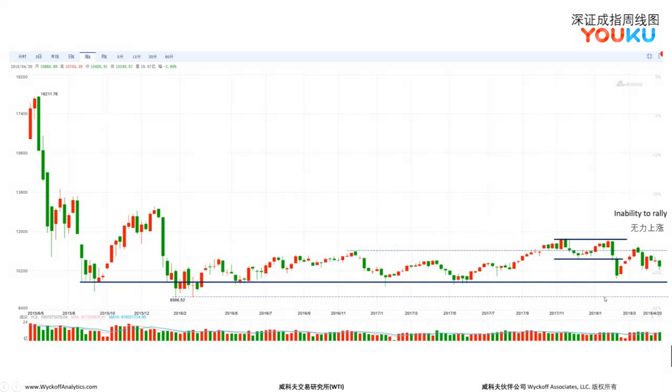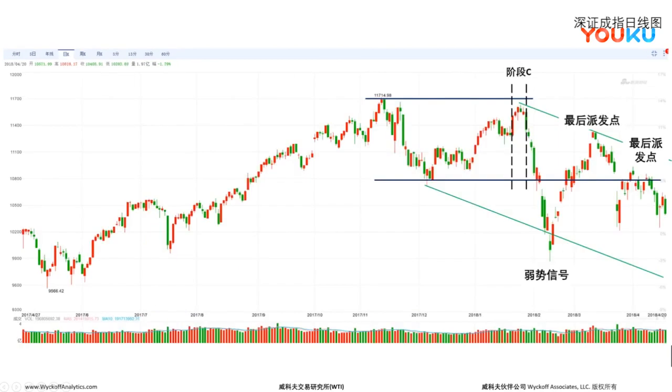All right, well, let's look at the daily. And the daily looks somewhat similar, but still a different structure that we could observe. We are looking at the climactic run, automatic reaction, secondary test, phase A, sign of weakness in phase B, and then the upthrust attempt, which fails on the lower high, so we would label it as LPSY.